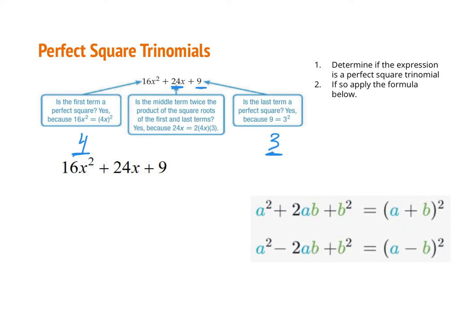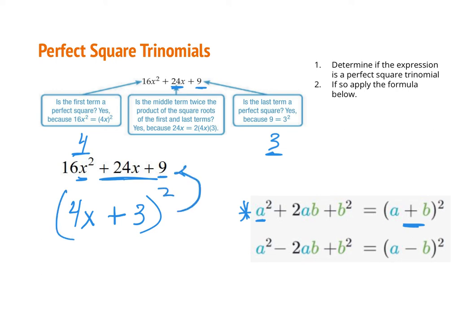Because they are both positive, I am using this first one. So I am taking the square root of the first term, which is 4. Square root of the x squared, which is x. I am using a plus. And then I am doing the square root of 9, which is 3. And all that squared will take me to this problem.